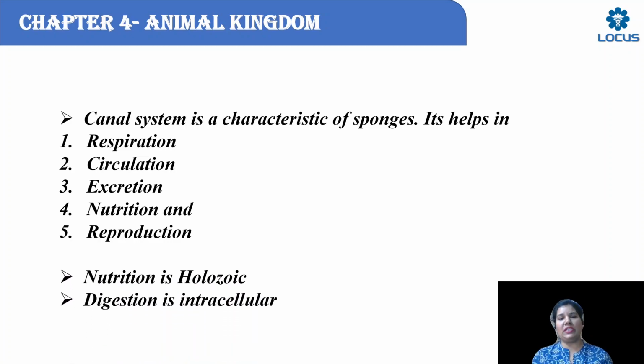Now, the nutrition is holozoic. What do you mean by nutrition is holozoic, children? Always remember, holozoic nutrition means it's a kind of nutrition where we ingest the food, that means we take in the food through the mouth, and once the food enters the different parts of the digestive system, the food gets digested.